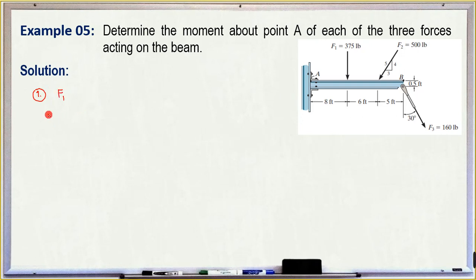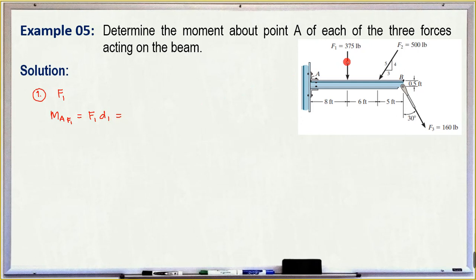For F1, the moment about A is equal to the force F1 multiplied by its distance D1.